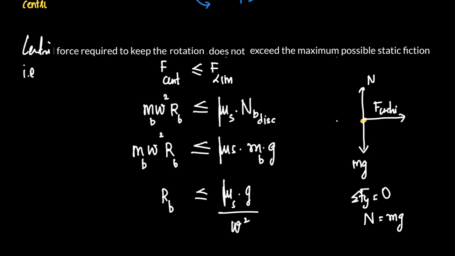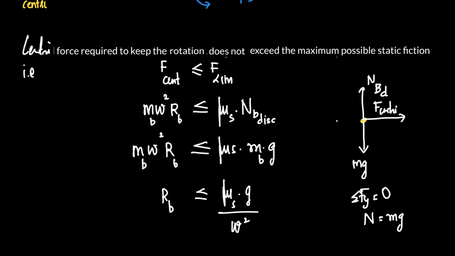Okay. Now, what is mb omega square rb? It is F centripetal. So considering this equation, if you cancel out mb on both sides, why? Because normal reaction acting on the beaker due to the disc is equal to mass of the beaker into g, because N is equal to mg. So N is mg here. mb by mb is 1.